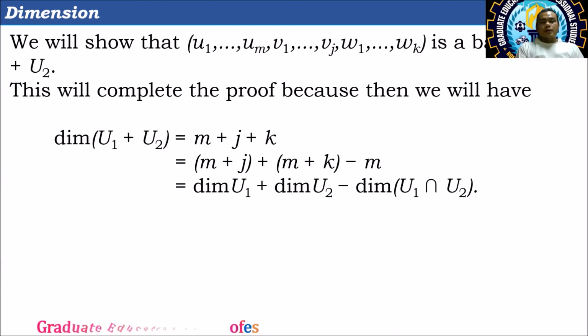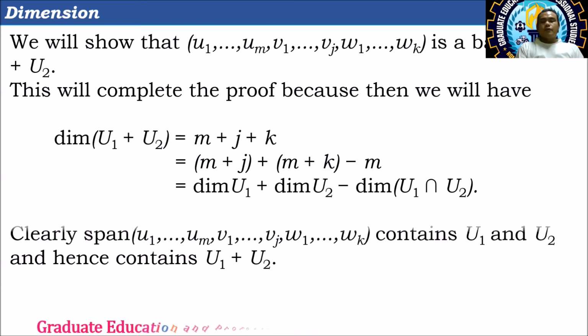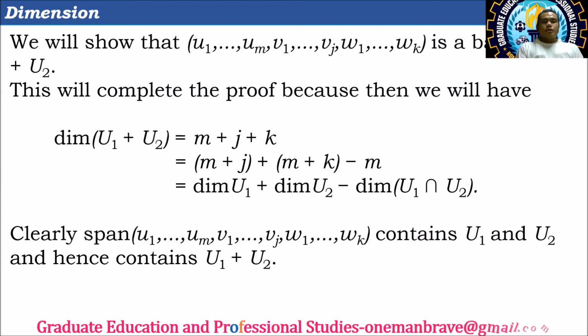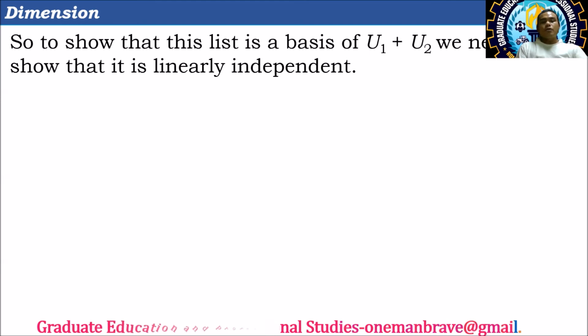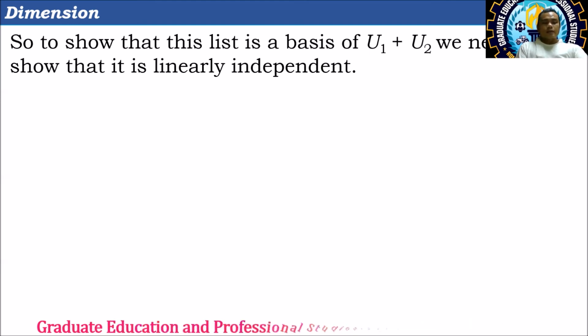So it is clear that the span of the u's, v's, and w's contains U1 and U2 and hence contains U1 plus U2. So to show that this list is a basis of U1 plus U2, we need only show that it is linearly independent.